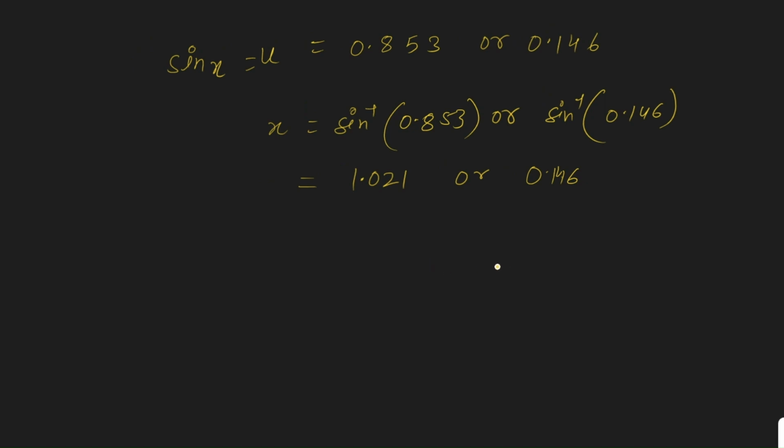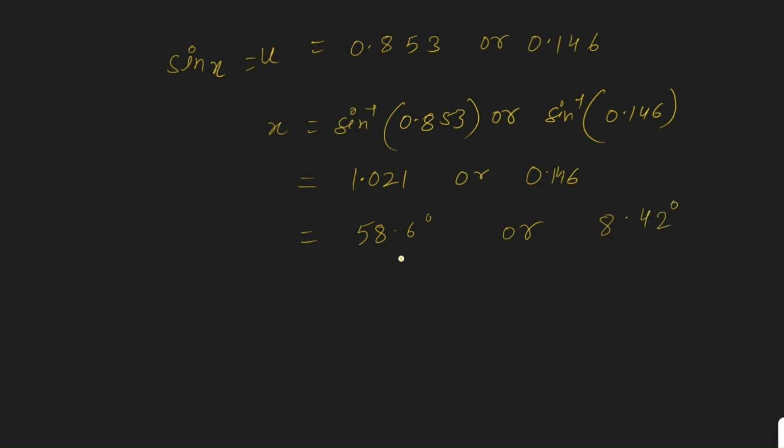Now let's see how much they are in degrees. These values are now in radians, and when we solve this in degrees, this one is I think 58.6 degrees, and this one is 8.42 degrees.